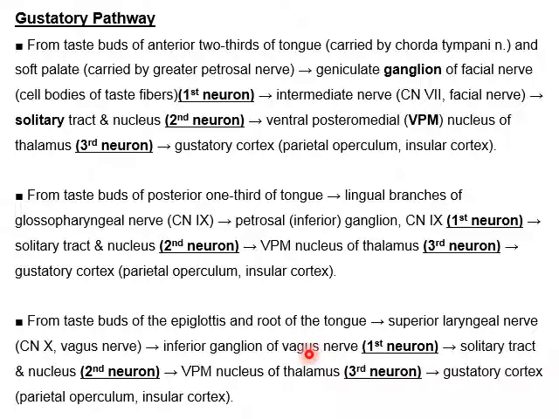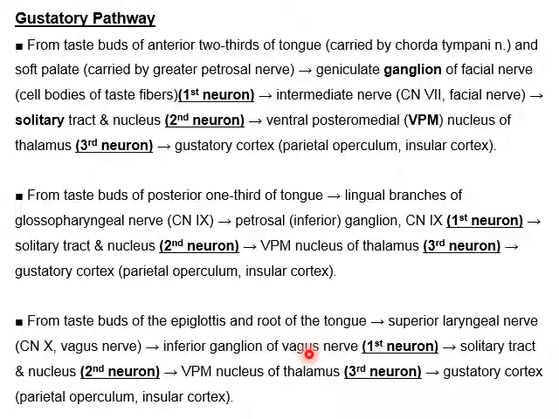From it, the axons reach the ventral posteromedial nucleus of the thalamus. The thalamic neurons send their axons, the third order neuron, to reach the gustatory cortex made by the parietal operculum and insular cortex. So the gustatory pathway in general is a three order neuron pathway.